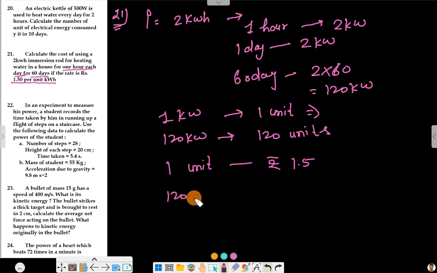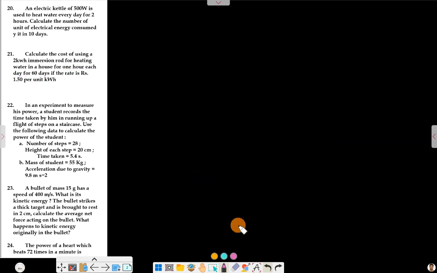For 120 units we have to pay 1.5 into 120. It comes out to be 180 rupees for 60 days. Okay. Going to question number 22.